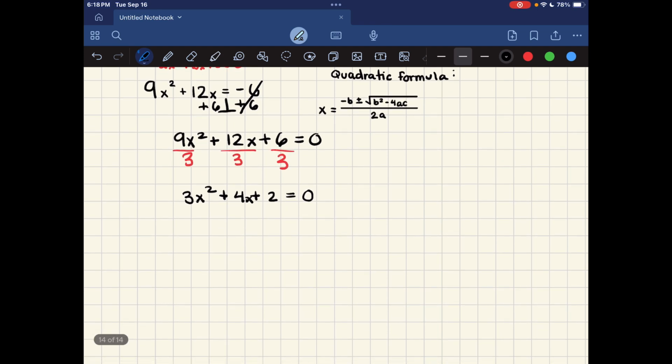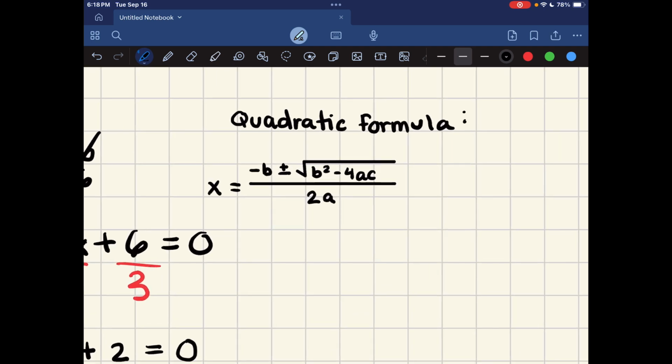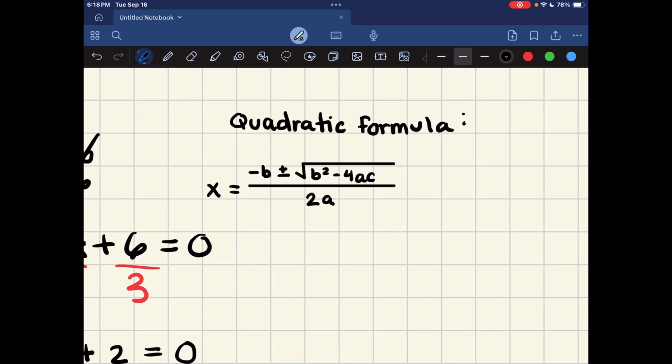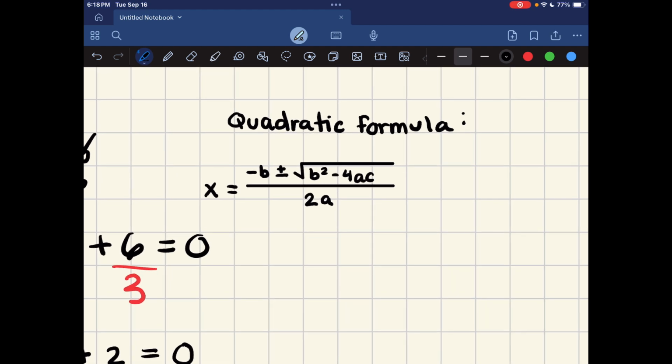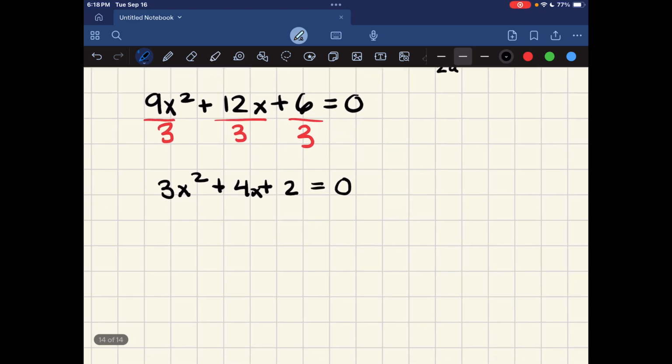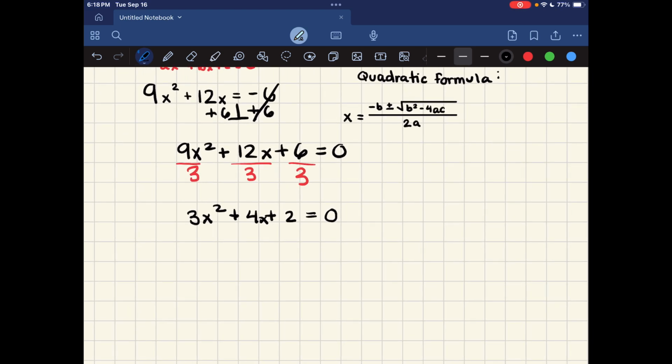Okay, now we can use this equation for the quadratic formula. This is our quadratic formula: x equals negative b plus minus the square root of b squared minus 4ac, divided by 2a. We're just going to be plugging in these values, so let's label these as a, b, c.